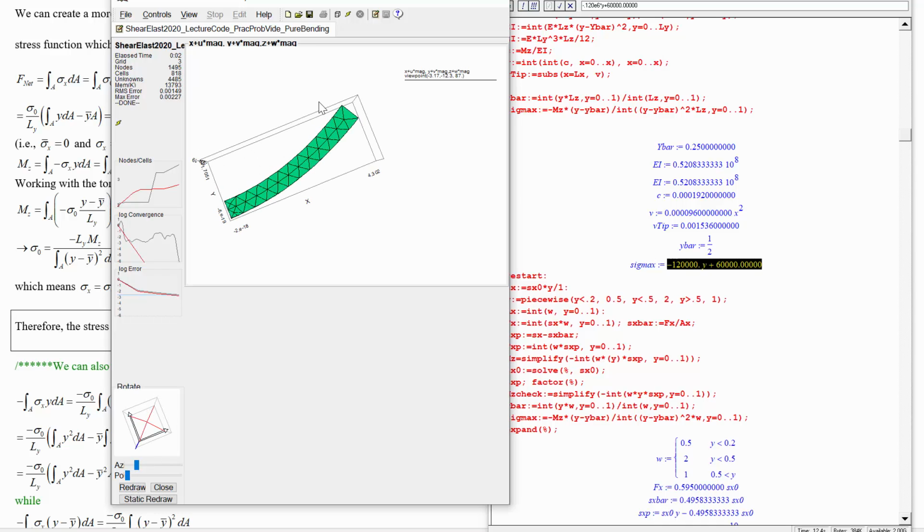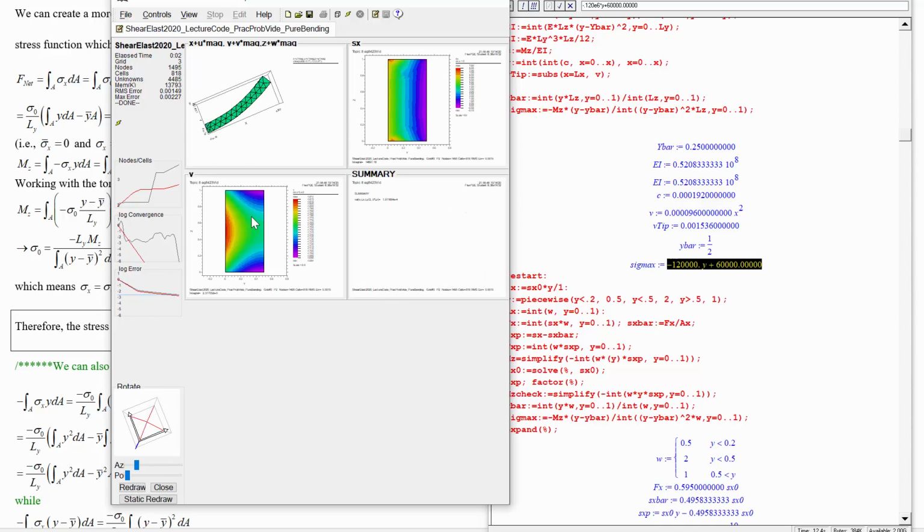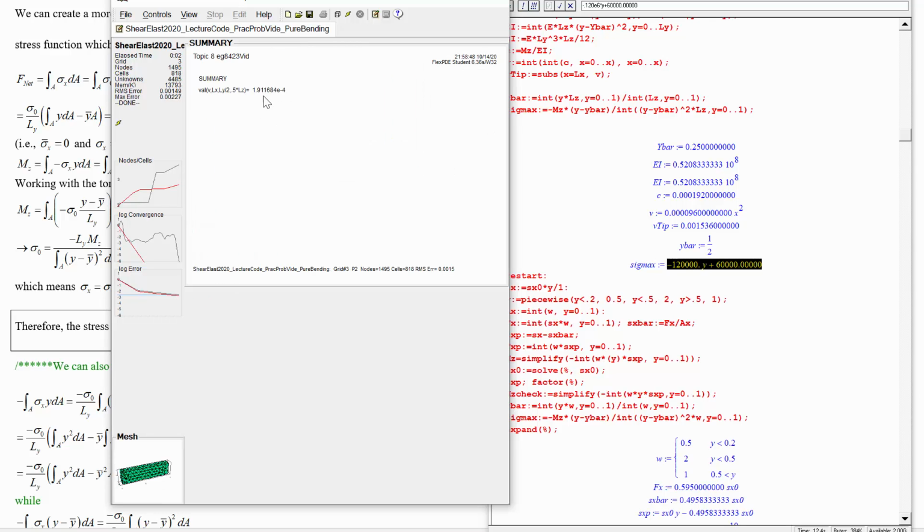It is not doing a lot of shear type displacement, and the displacement at the tip is a fair bit different actually. So it's 1.9 times 10 to the negative 4 compared to this 1.5 times 10 to the negative 3.